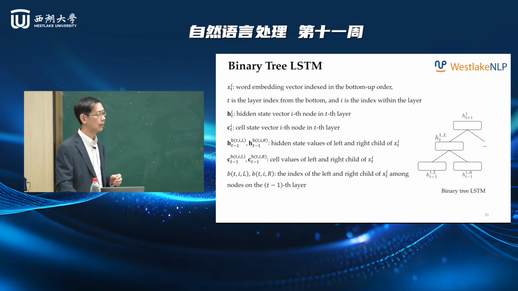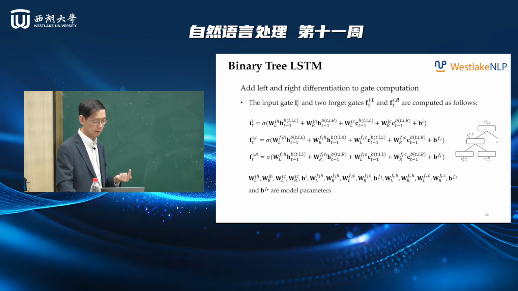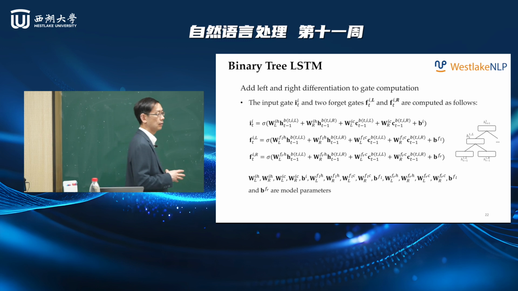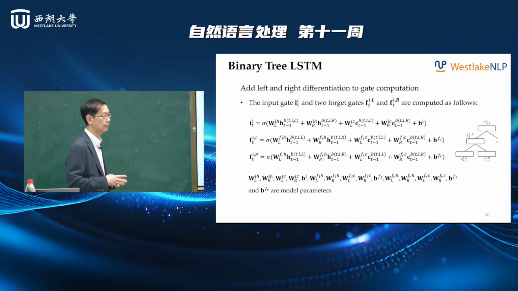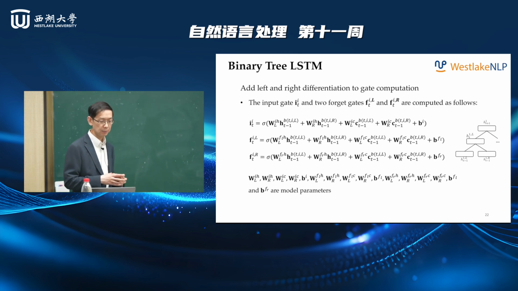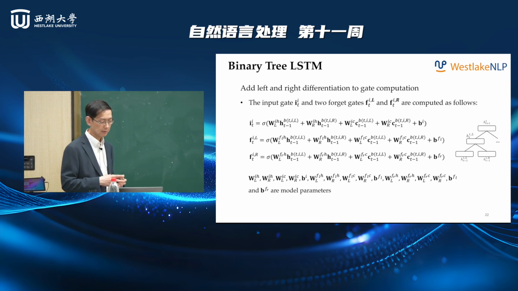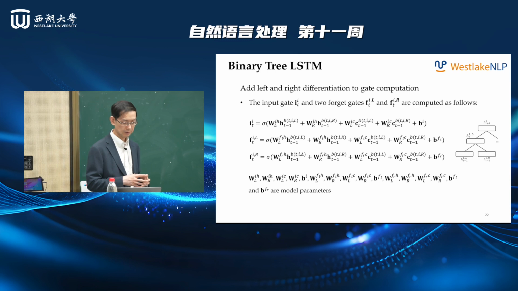And then how do you calculate the recurrent cell? We can have a separate forget gate for the left child and the right child. Here it is. For each node h_{t,i}, I calculate an input gate using this equation.